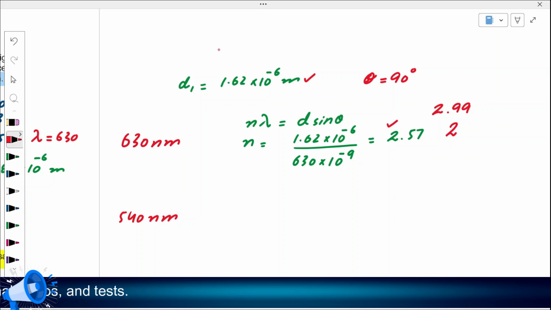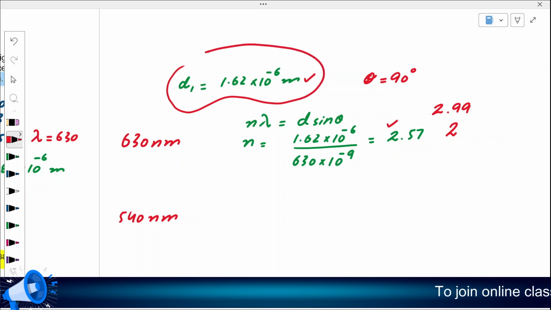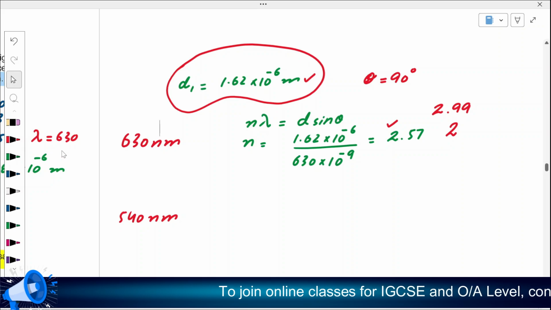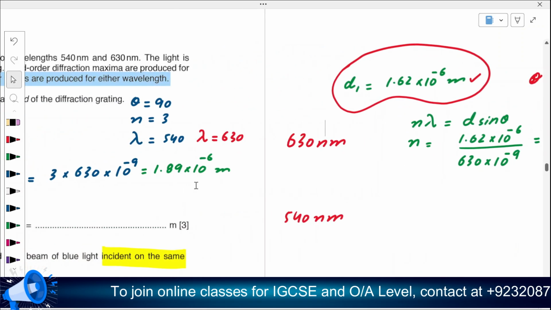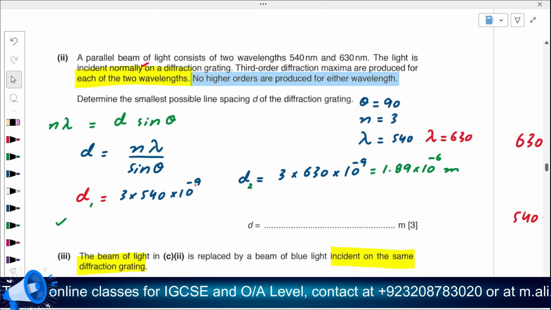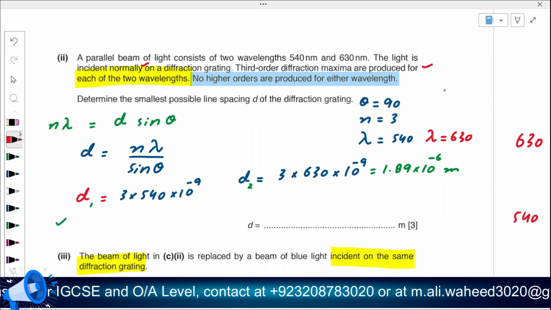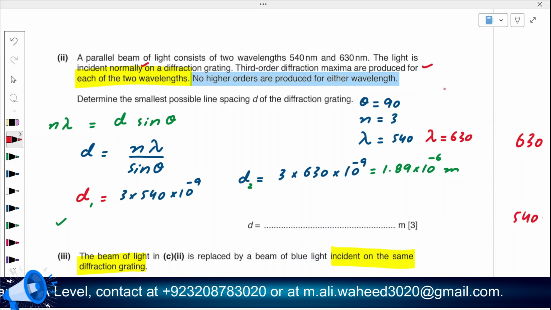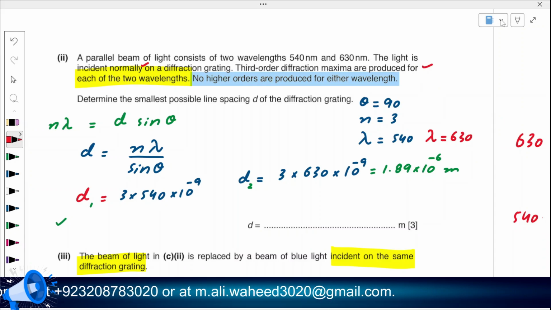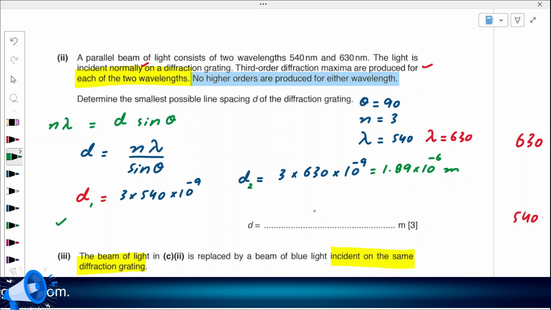It means if we label this as the minimum value of d, it is not satisfying the condition, since it is not producing the third order maxima. So this cannot be the smallest value of d. Hence, by process of elimination, you don't even need to check for d2. If you want, you can, but you don't need to, because the first value of d1 is eliminated.